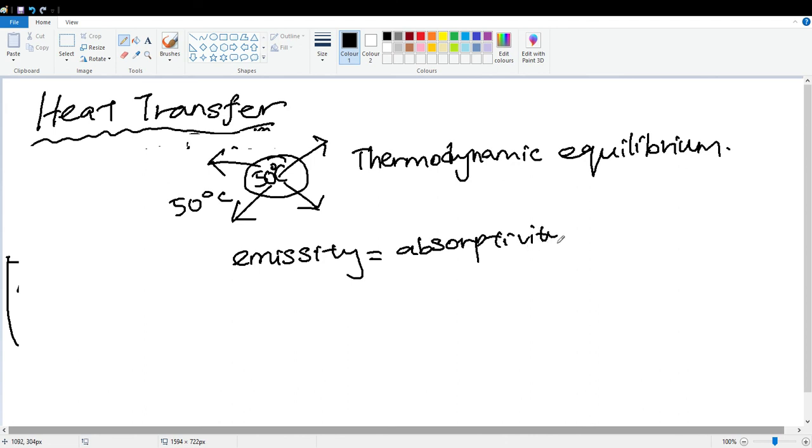So the heat absorbed is equal to the heat emitted by the body.